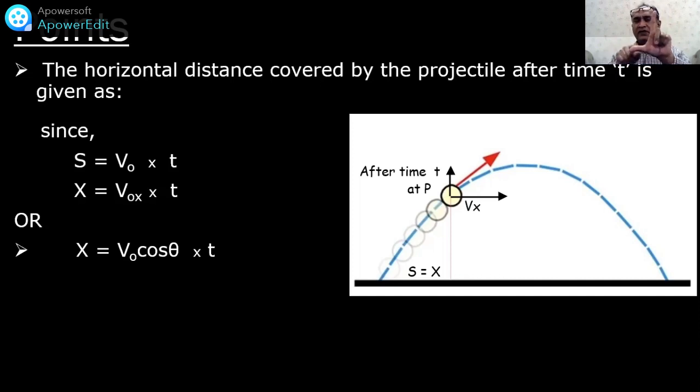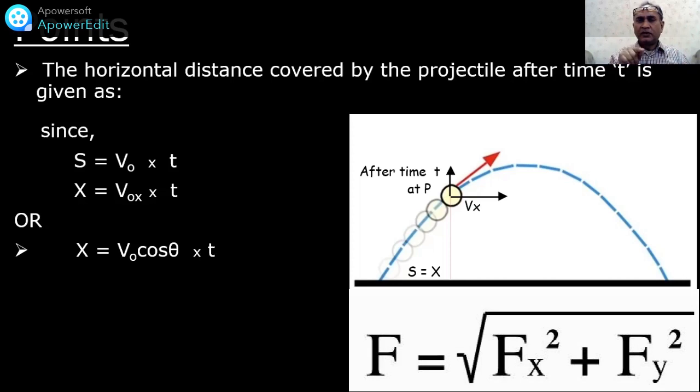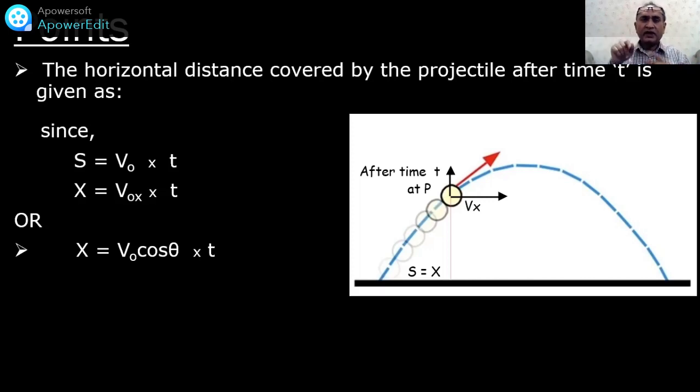How can you find the resultant vector? By using the Pythagoras theorem. Recall, f is equal to radical fx square plus fy square, or you can say v is equal to radical vx square plus vy square, using the Pythagoras theorem. The same we can use over here.